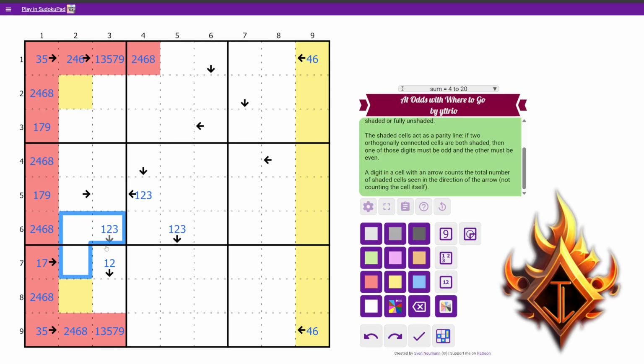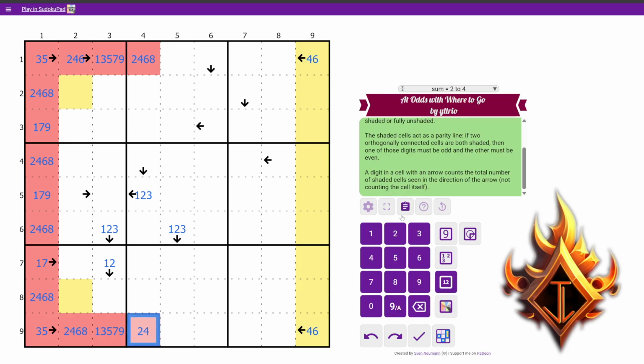Yellow could get out through there. Maybe. Another thing, though, no, maybe not another thing to mention yet. This is at least 3, though, so that is red. This is going to be even then.